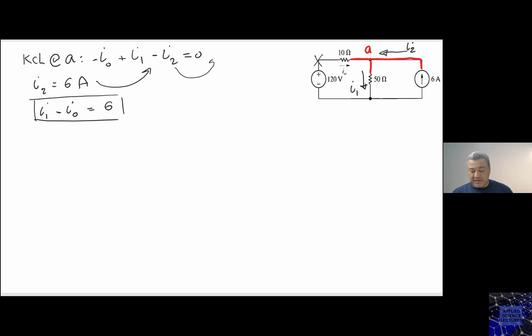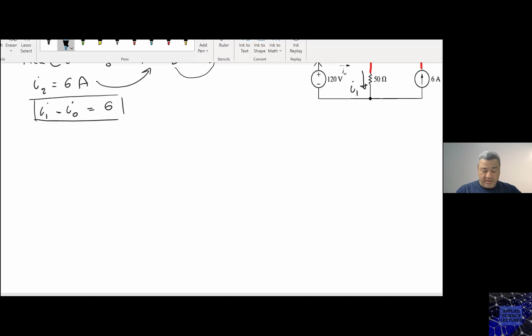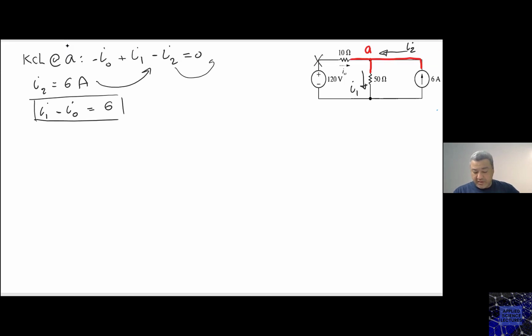Now, what else can I get? If I write the KVL equation in here, this is L1.